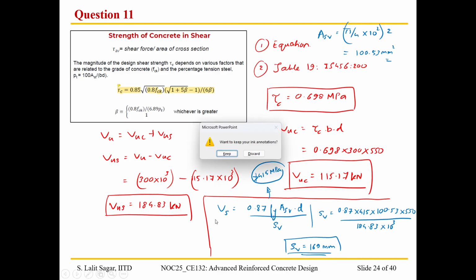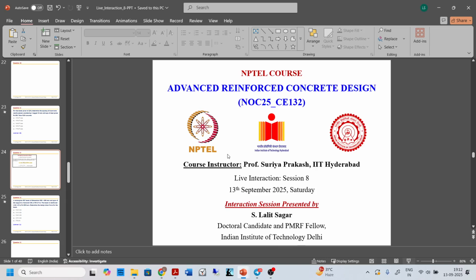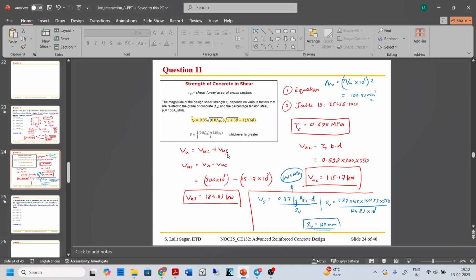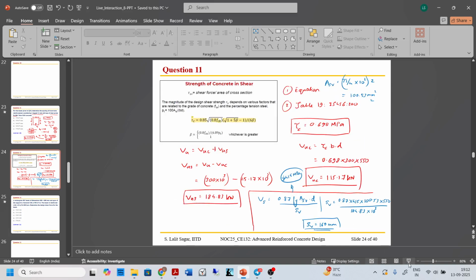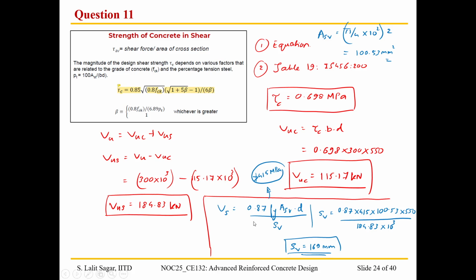Please make this correction. Consider it as 12 mm stirrups. For 12 mm, please check if you're getting the same answer.